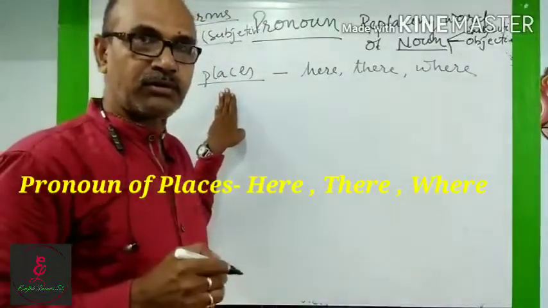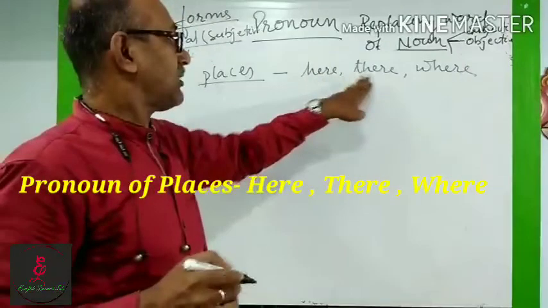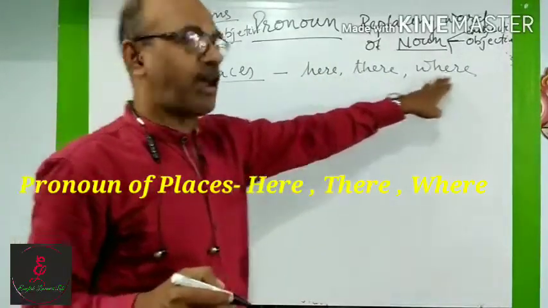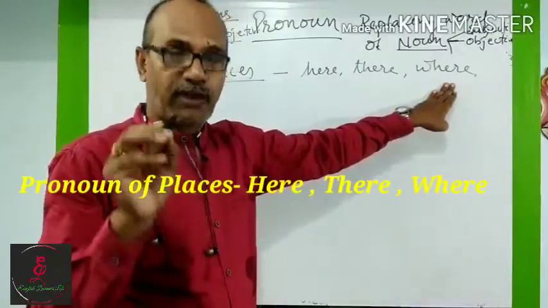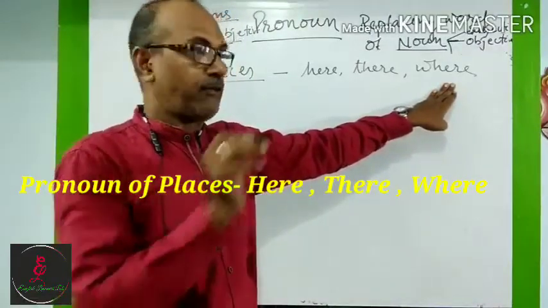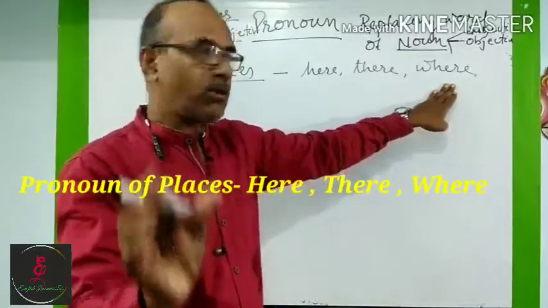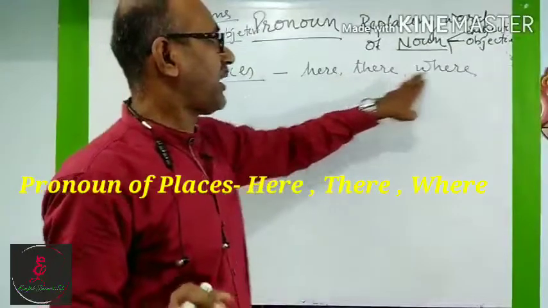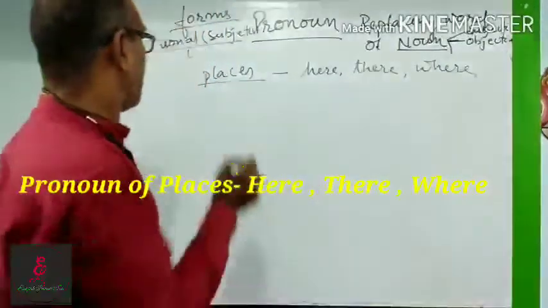Like Berhampur, here can be used, there can be used, or where can be used for Berhampur, for India, for England, for the garden, anywhere. If it is the name of a place, we can use here, there or where. So these are pronouns.